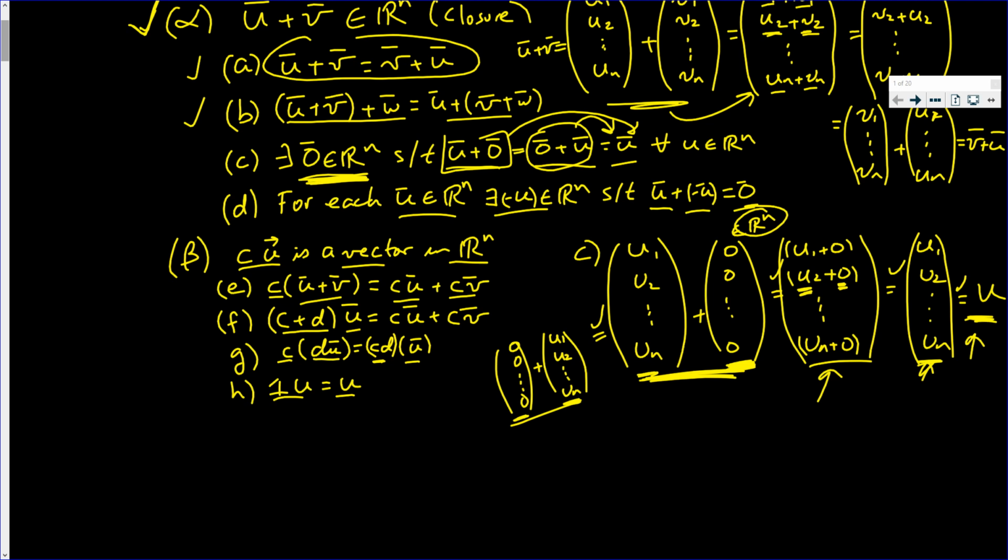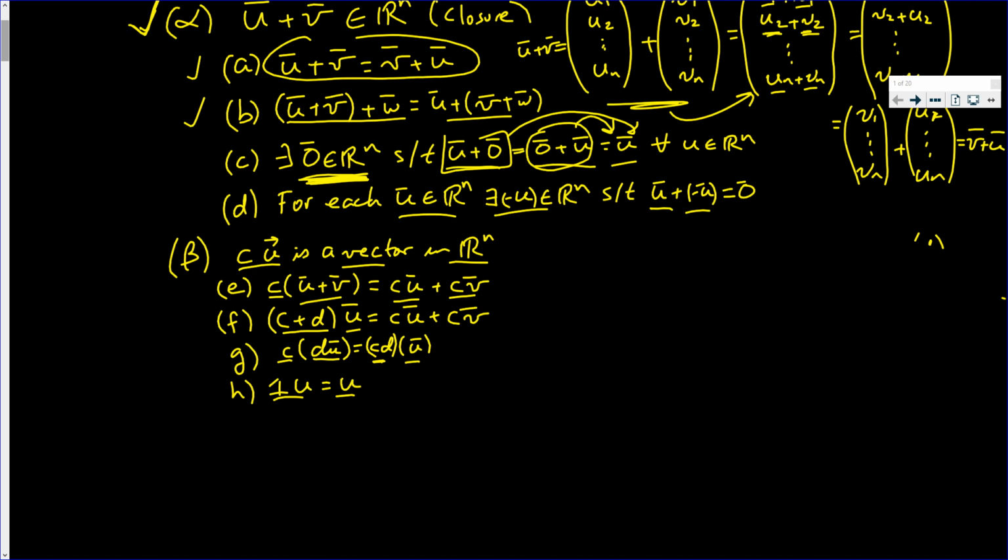Okay, and only now that we established that there is a zero vector, now we can talk about inverses. Letter D. If you have u, which is u1, u2, all the way up to un, and you add negative u1, negative u2, etc., they're real numbers.